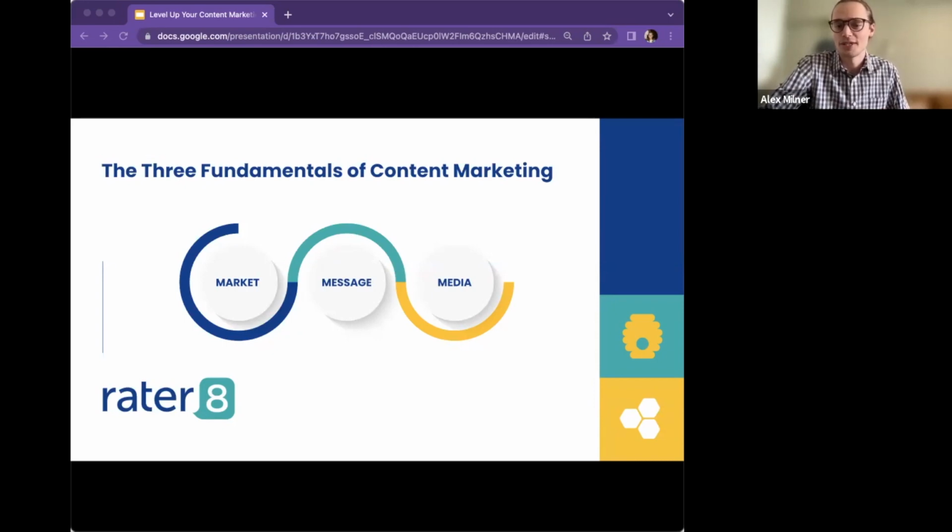Instead, what we want to do is start with those fundamentals. And within digital marketing and marketing in general, while there are many different forms, every single way that we can do marketing comes down to 3 core components. The first is market, the second is message, and the third is media. You probably already guessed that because it's live on our screen.